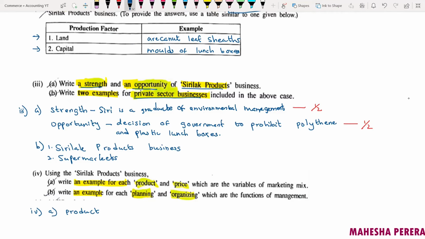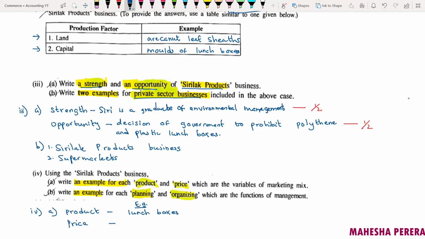Right. So you need to put headings and present your answer. So for the product, what's the example? You can write example on top and say the product name. It's lunch boxes. You can say lunch boxes or lunch box. Let's write in plural.